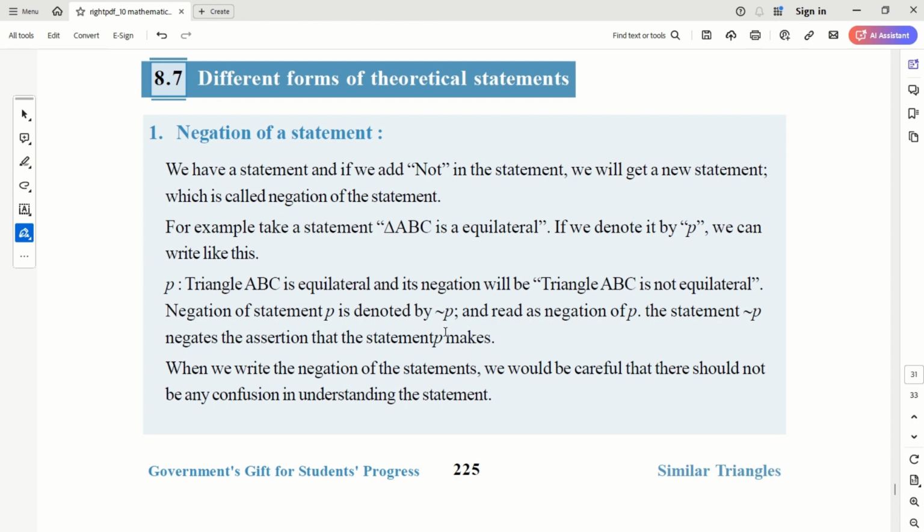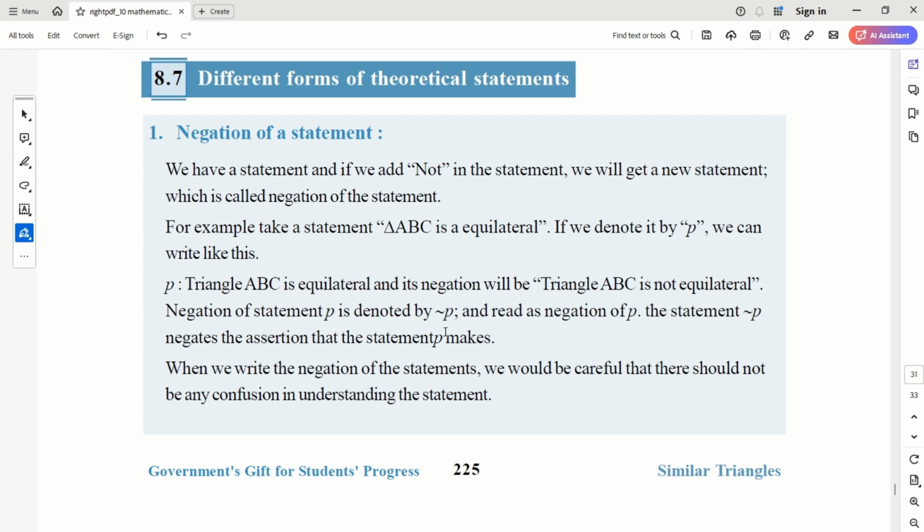This is a statement, which is true. The negation of a statement is obtained by adding "not" in the statement. Something like: an equilateral triangle does not have all sides equal. This is the negation of the statement.